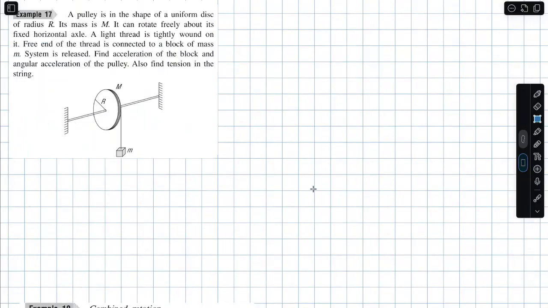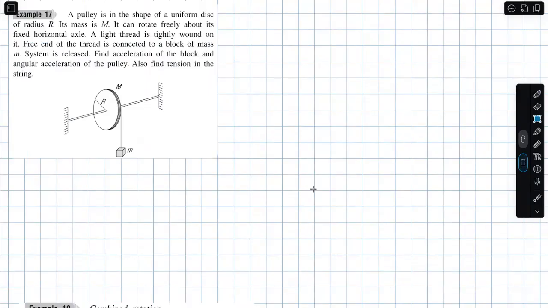A pulley is in the shape of a uniform disk of radius r. Its mass is capital M. It can rotate freely about its fixed horizontal axle. A light thread is tightly wound on it. Free end of the thread is connected to a block of mass m. System is released. Find the acceleration of the block and angular acceleration of the pulley.